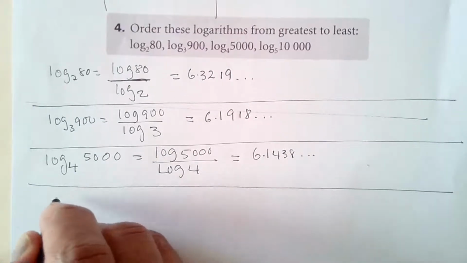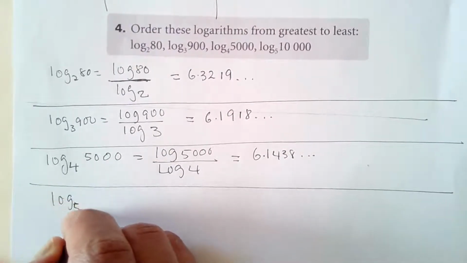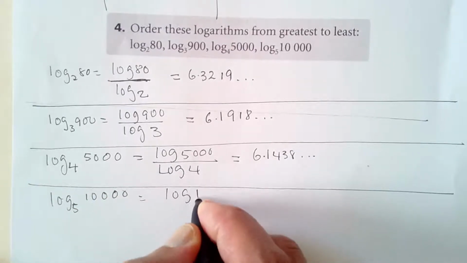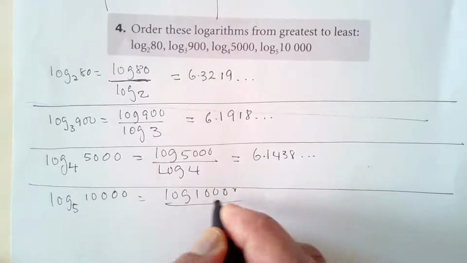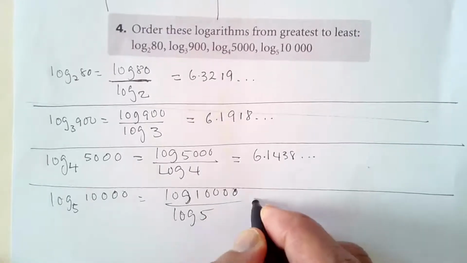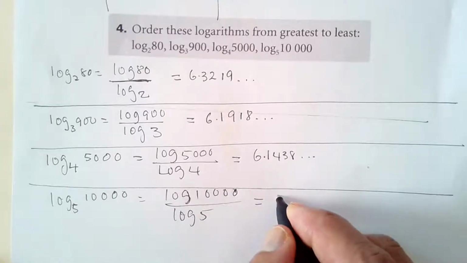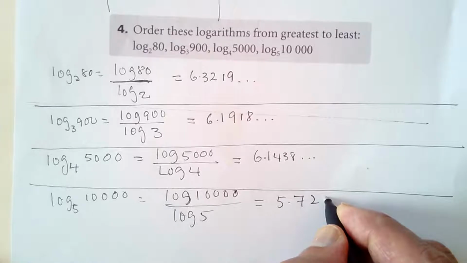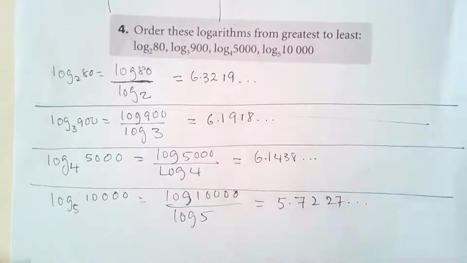The final one, log base 5 of 10,000, is 5.7227.